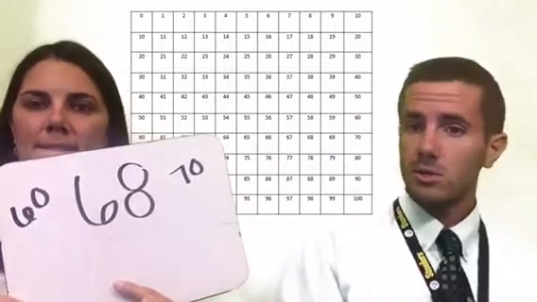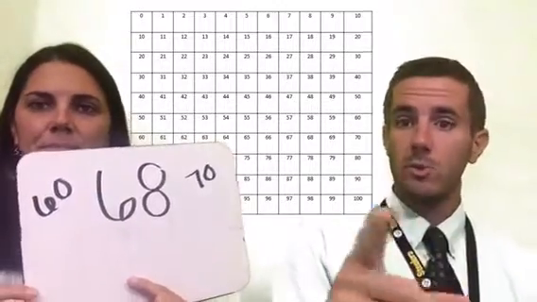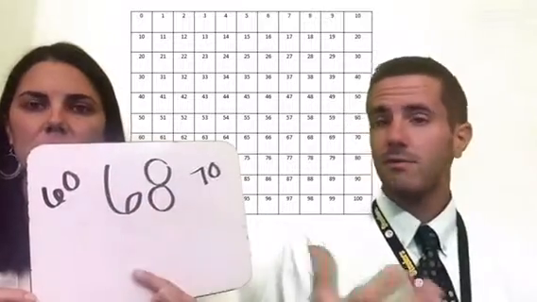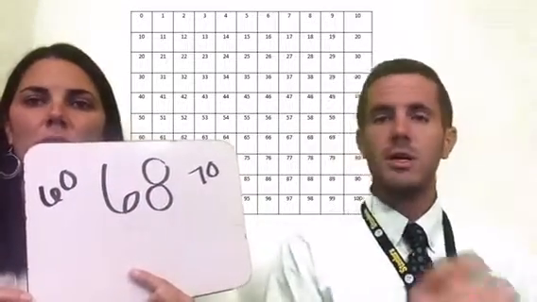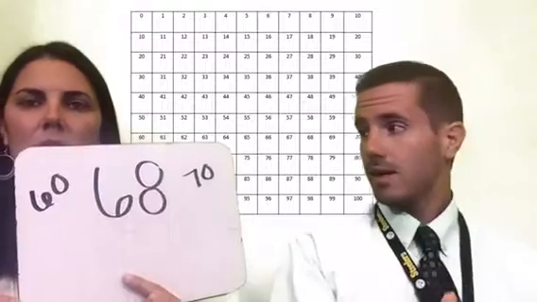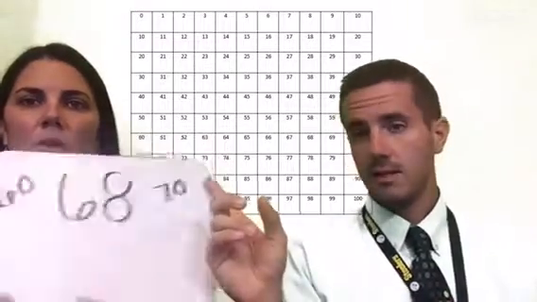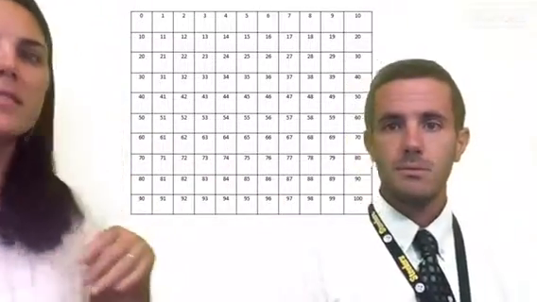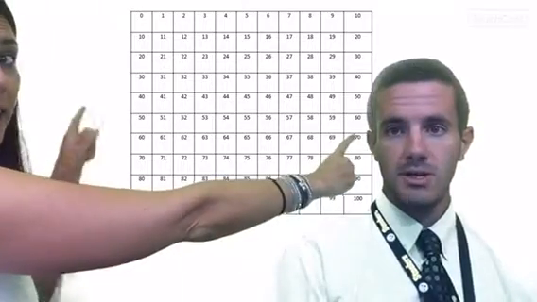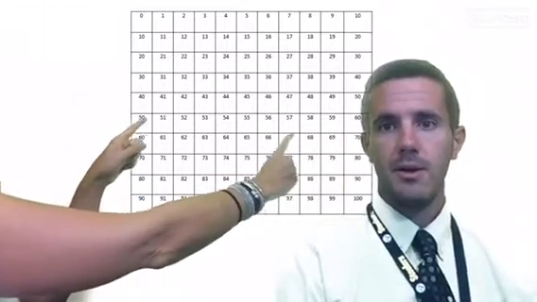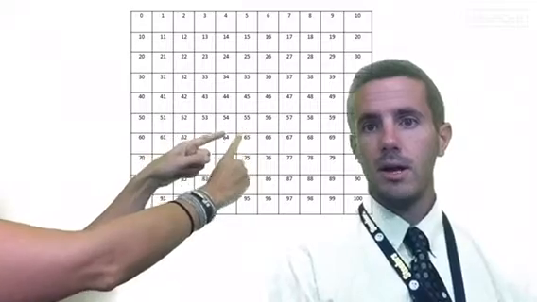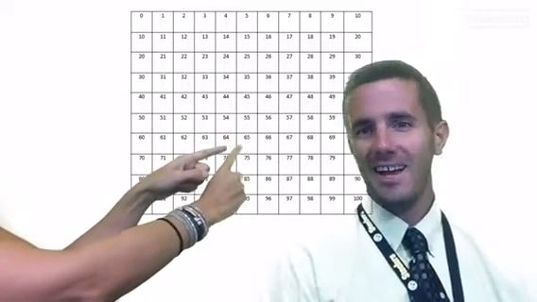What we also are going to learn in this video is that to know which one we pick, we have to know what the midpoint is. The midpoint is the number that falls dead smack in the middle of the two numbers on the ends. If I put a hand here at 60 and a hand here at 70, can I find the number in the middle?